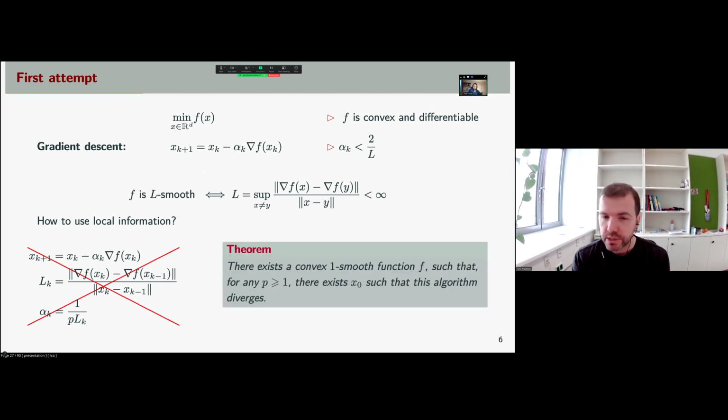We have the following result. There is a nice convex, 1-smooth function f, so the Lipschitz constant L is 1, such that whatever damping factor p larger than 1 you choose, there will be some initial point x0 such that if you start from it with this gradient descent, the algorithm will diverge. So this very simple rule cannot work theoretically.